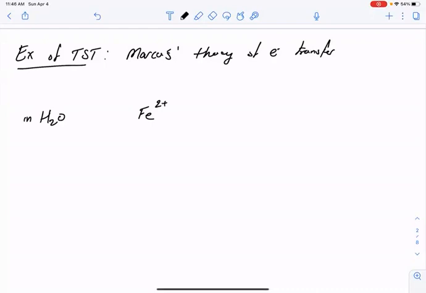Maybe one comes in a 2+ state, and the other is in a 3+ state, so there is an extra electron on the 2+ state. Iron being the same there means that the electron energetically could reside either on the 2+ or 3+ metal center, and thus that electron you should expect to exchange over the course of those two species diffusing in solution. That exchange is the electron transfer event.